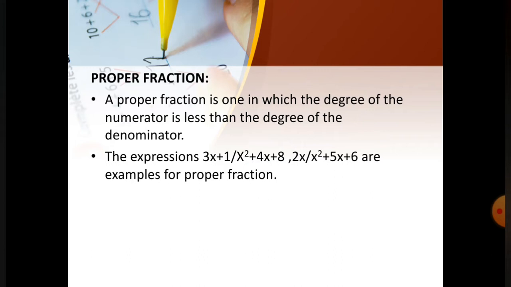See the first expression. The degree of the numerator is 1. Degree of the denominator is 2. So it is a proper fraction. Second expression, degree of the numerator is 1, degree of the denominator is 2. So, it is also a proper fraction. A fraction that is less than 1 with a numerator less than the denominator.